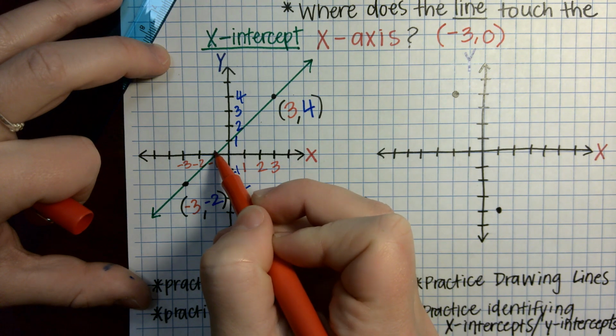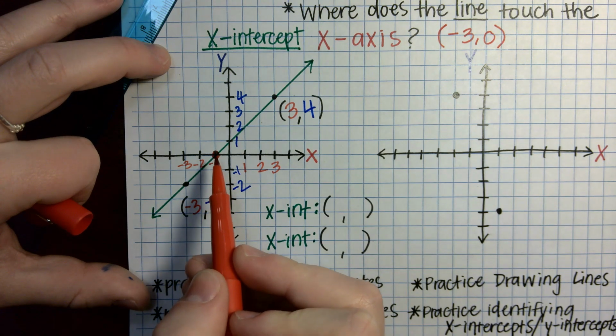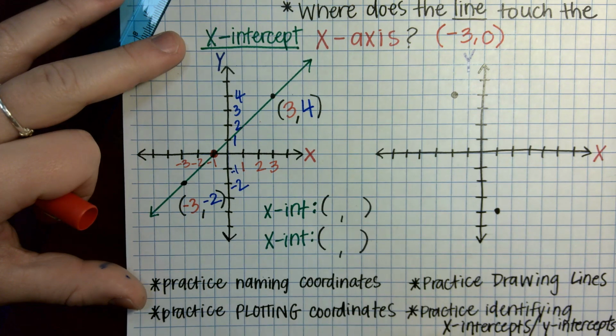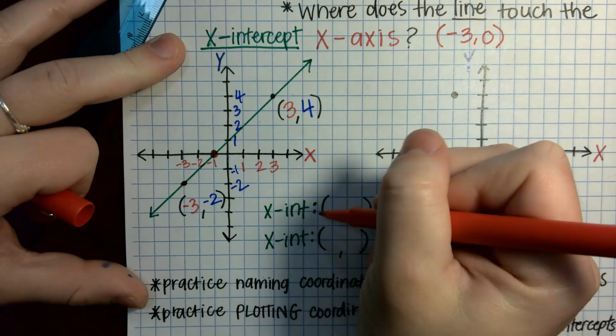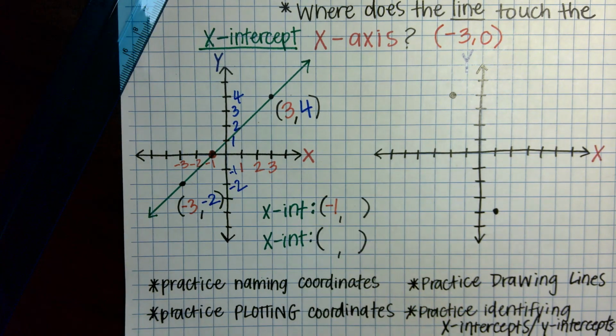Where are you going to draw your point? Right at -1. Good. So for our x-intercept, what's our x value going to be? -1. Good. Right where it touches. -1 is the first number you'll write.